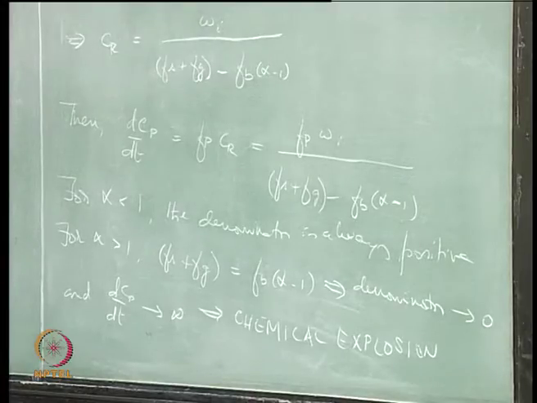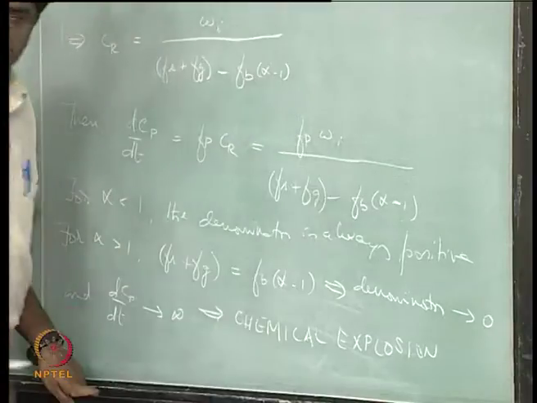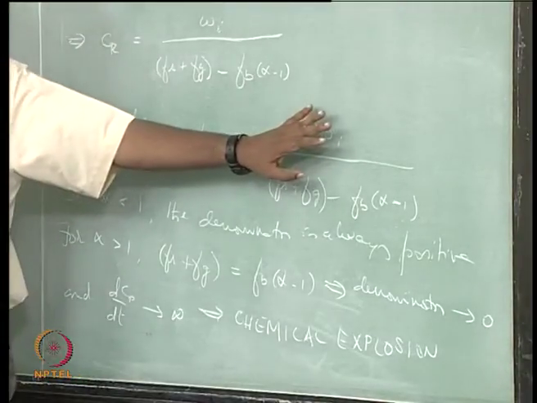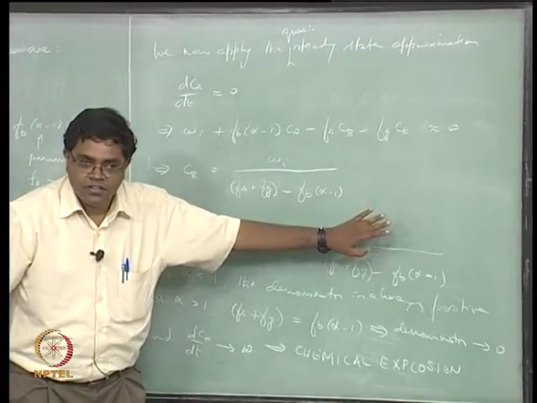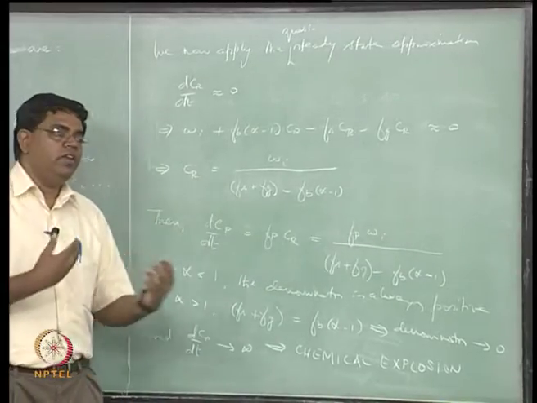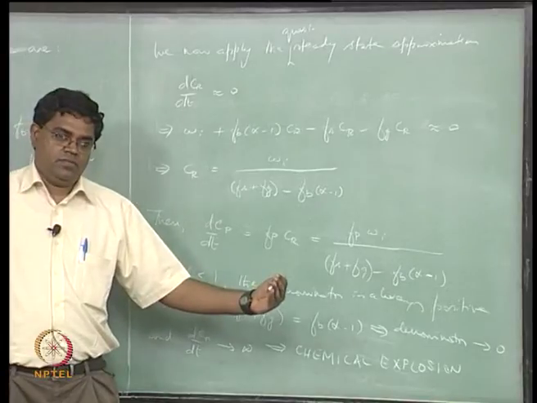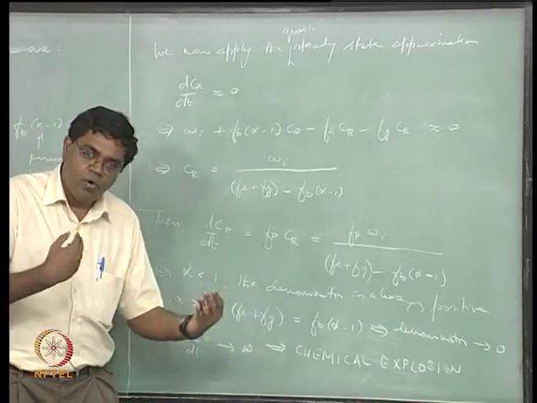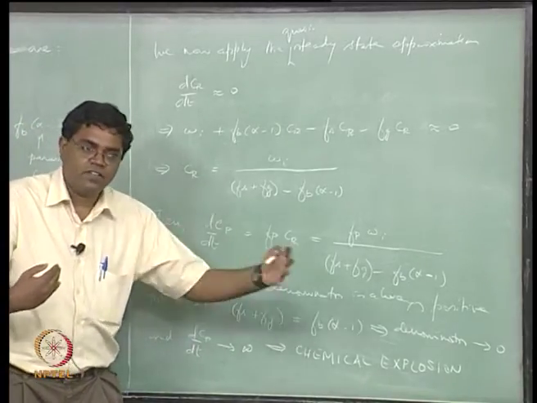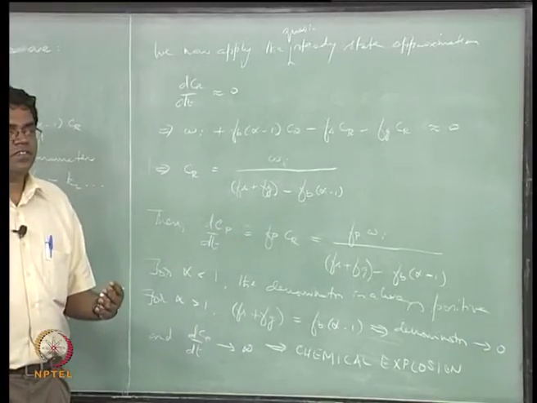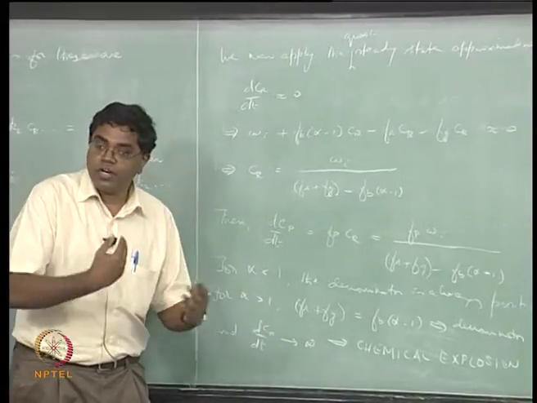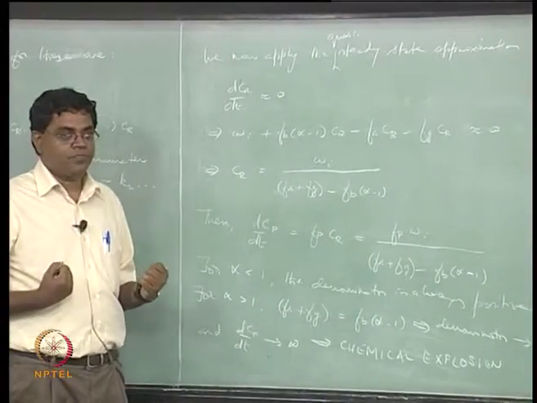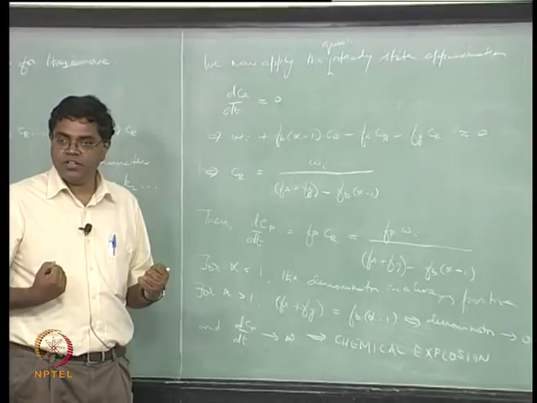It is basically saying that once you have produced your intermediates, at whatever finite non-zero rate, so long as the intermediates are producing themselves more and more and consuming themselves at the surface or in the gas phase in such a way that the rate of their production matches the rate of the consumption, right?